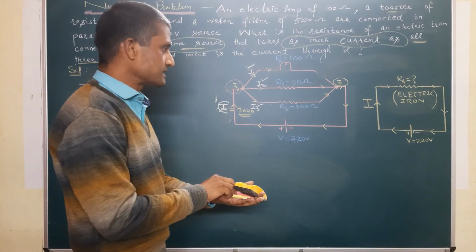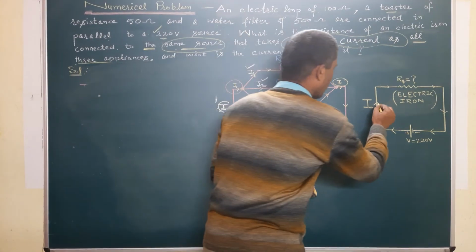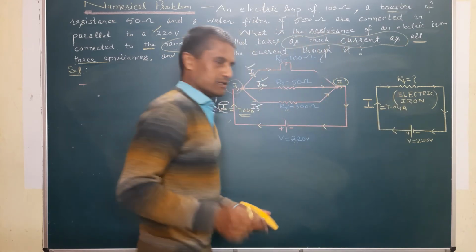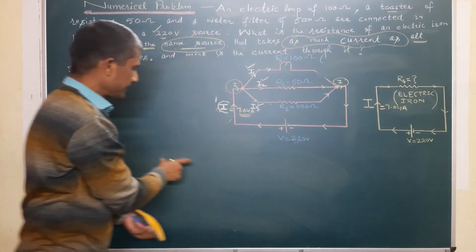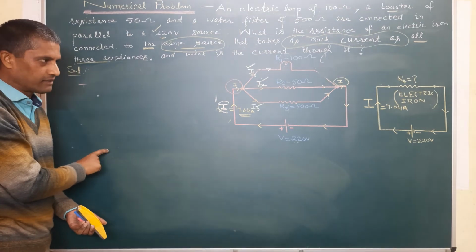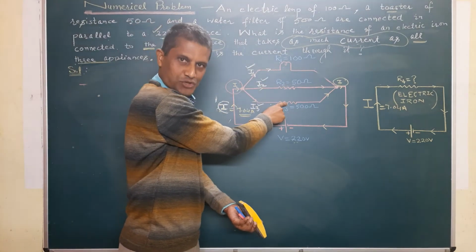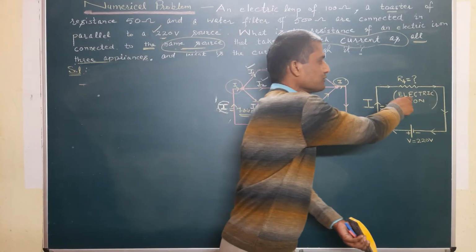The problem is that the I we have got is 7.04 ampere. It has been mentioned in the statement I tabulated a bit earlier that whatever current flows through these three resistors together will flow through the electric iron.